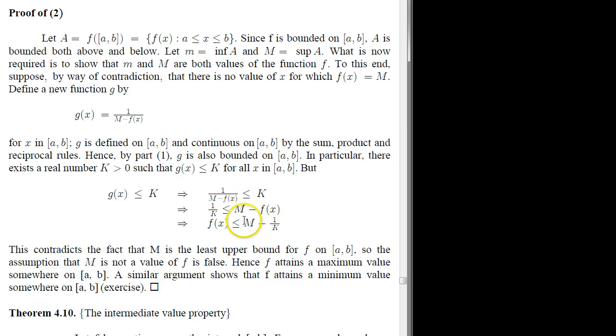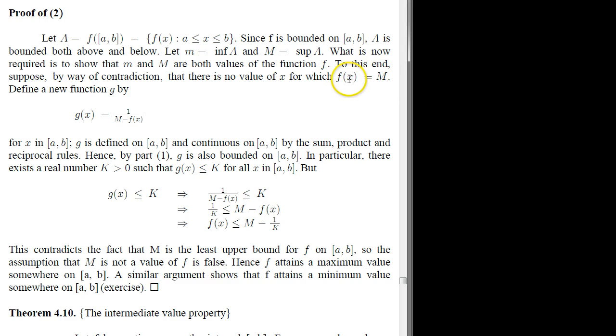But this tells us that this is an upper bound. But this upper bound is smaller than the supremum, which is M, the least upper bound, because capital M is the least upper bound. So that's a contradiction. The assumption that there is no value of x for which f(x) equals capital M is false.